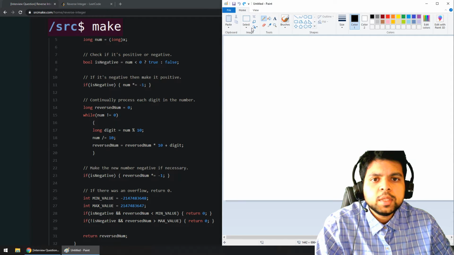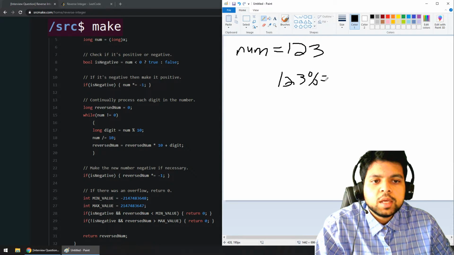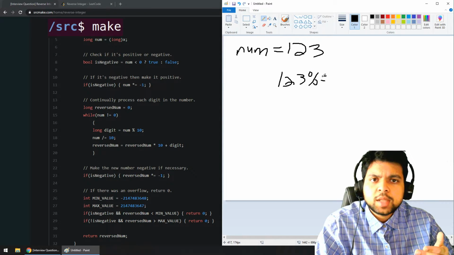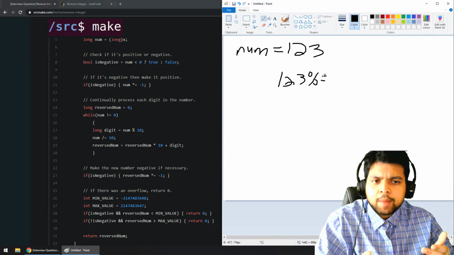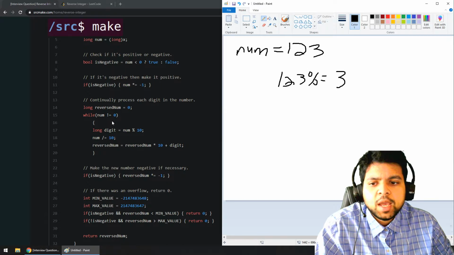So I'm going to open this up in Microsoft Paint really quickly. If the number is equal to 1, 2, 3, then 1, 2, 3 modulus 10 is basically the leftover. The modulus operator gives the leftover if you were to divide by 10. In that case, it is 3. And so the digit that we're going to be working with is 3.